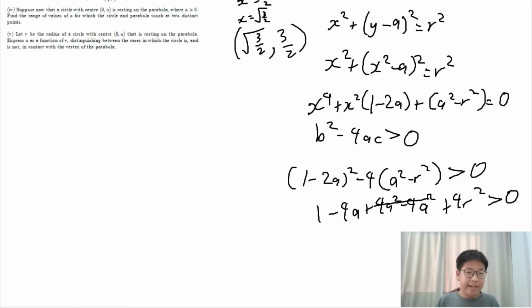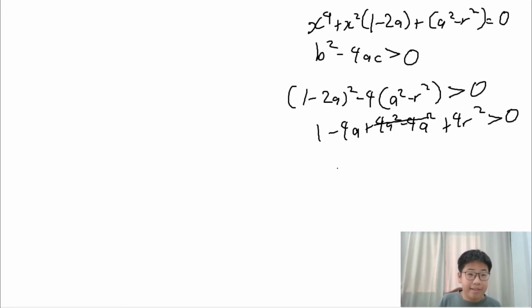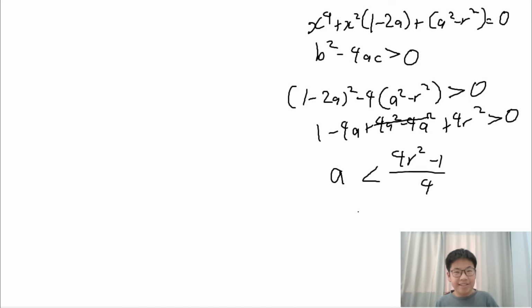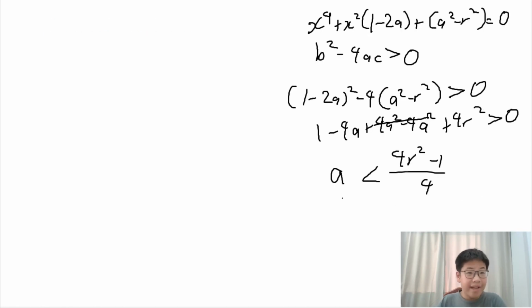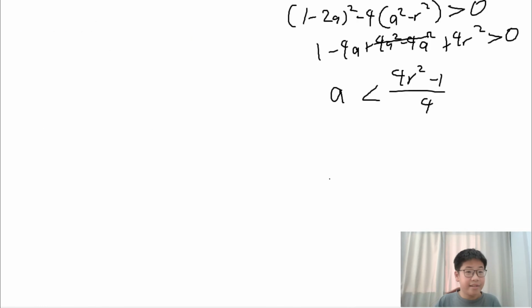So we can cancel off the a squared, giving us a must be less than 4r squared minus 1/4. And since 4r squared is always positive, this basically means that a must be greater than 1/4. Yes, 1/4.